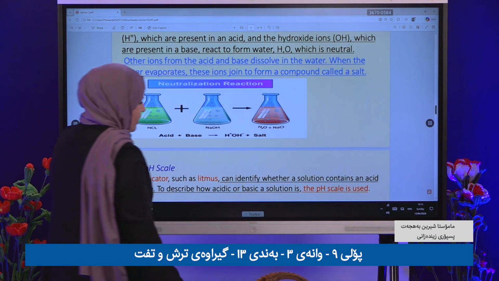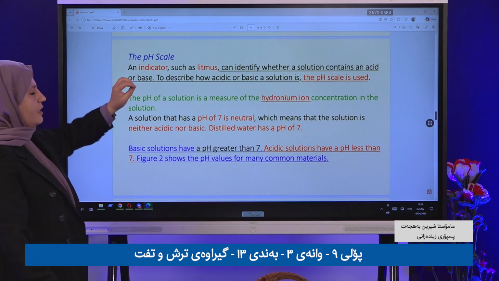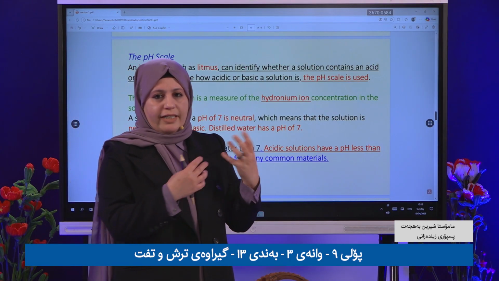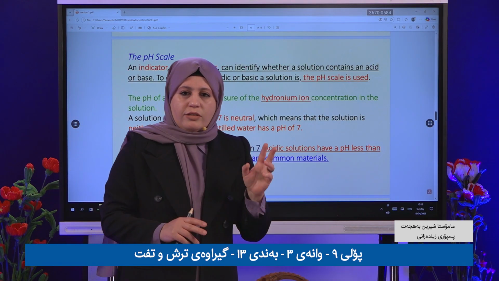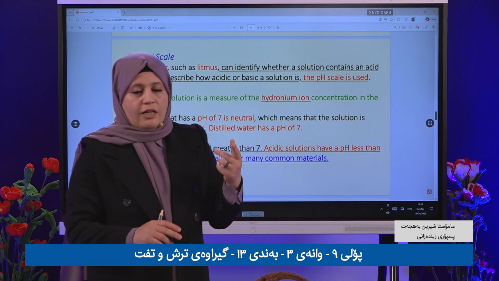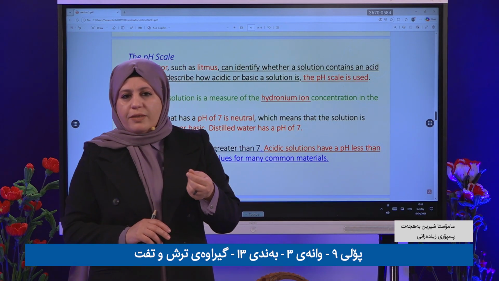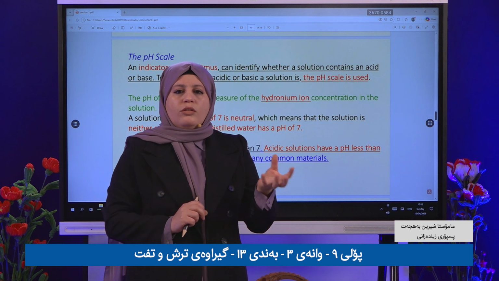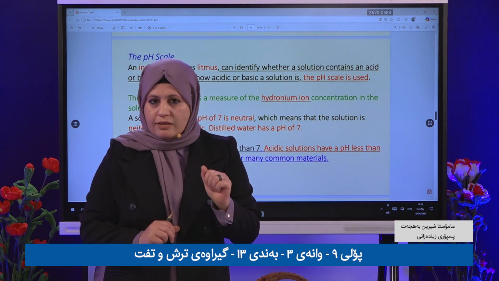Perfect. Let us go to the pH scale. This one is very important, okay? Don't confuse the pH scale and the indicator. Do you remember when we talked about the indicator? Previously, we talked about two types of indicators. One of them is liquid, which is called bromothymol blue, and the other is like paper, which is named litmus, okay? By this indicator, we only know if it is acid or base. Clear?